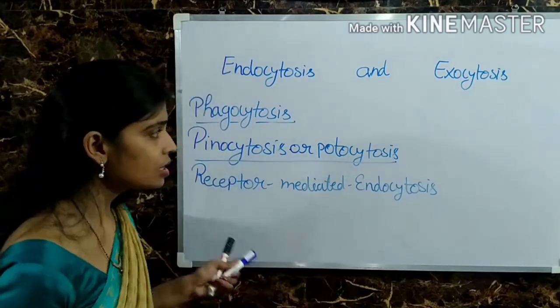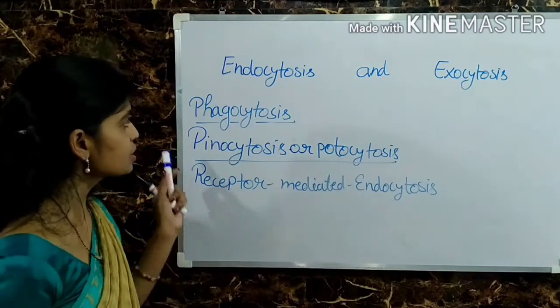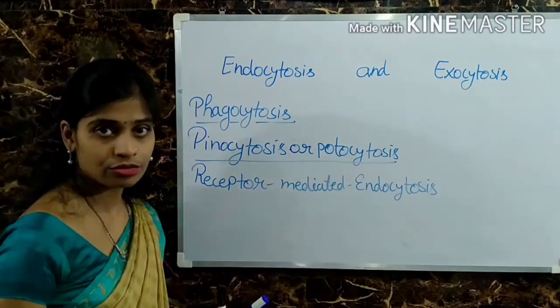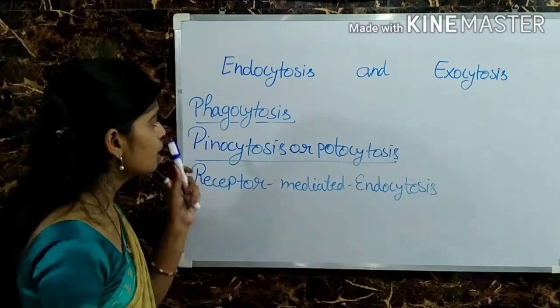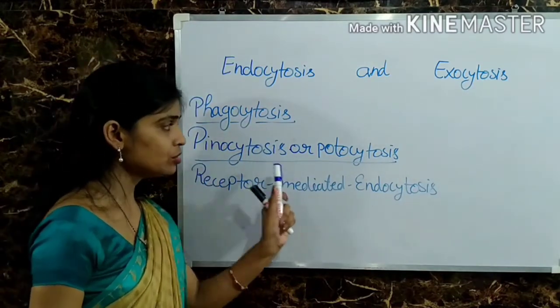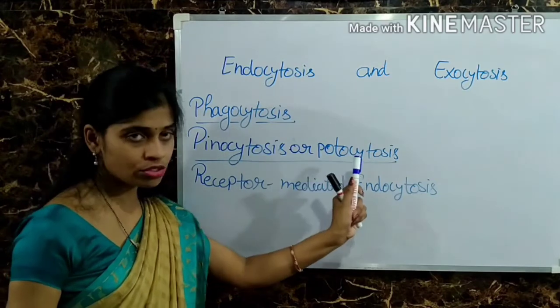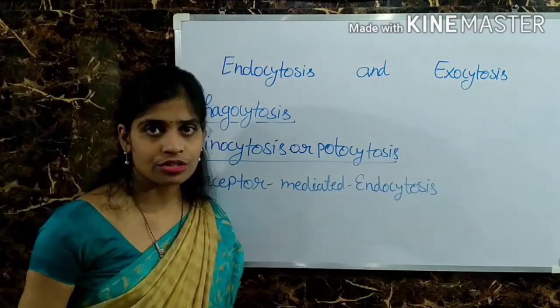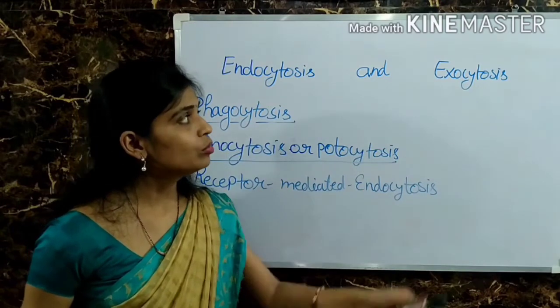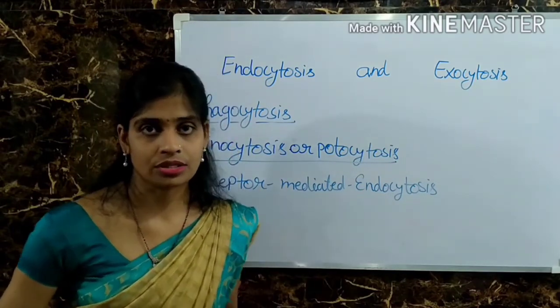So these are the processes of endocytosis. I think you have understood well what phagocytosis, pinocytosis, also called potocytosis, and receptor mediated endocytosis are. Now we will learn about exocytosis.